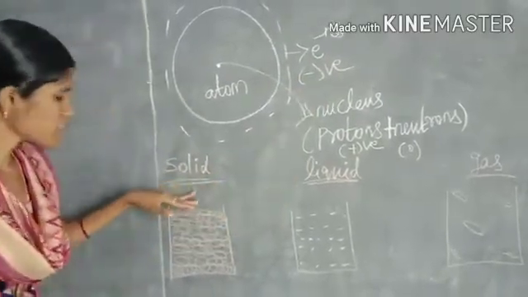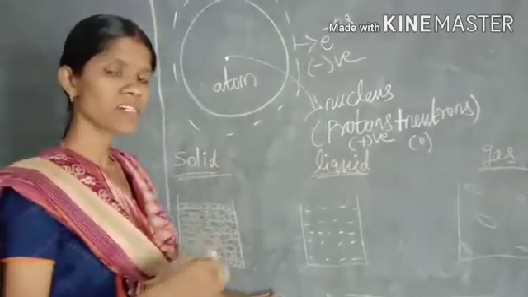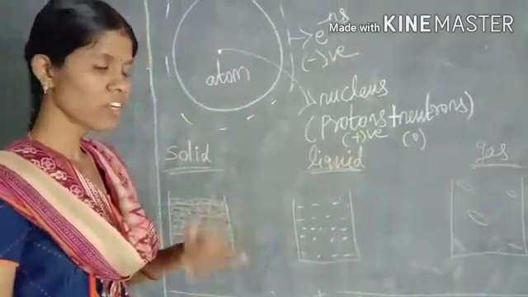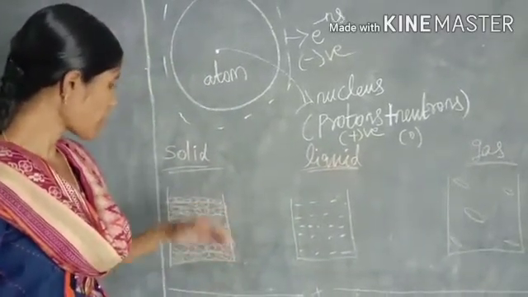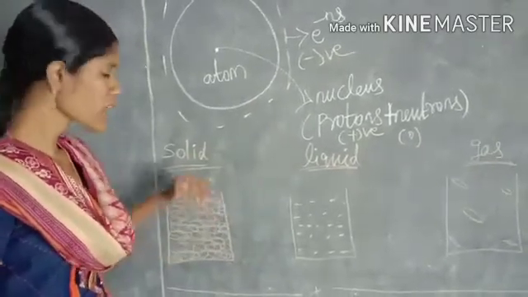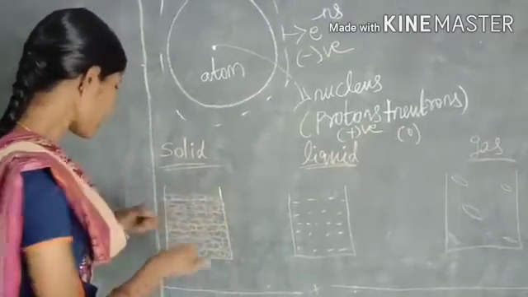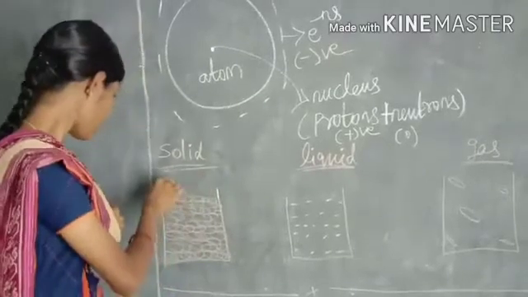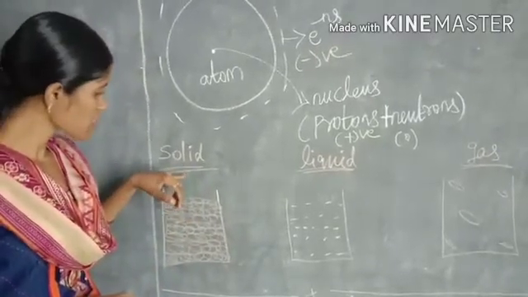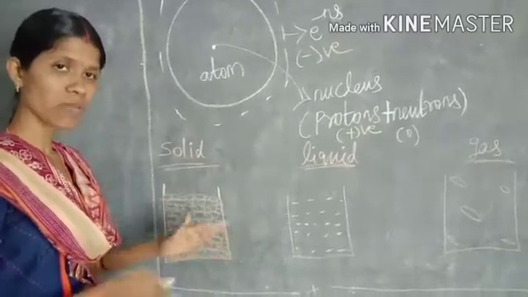Then, how are the particles present in the case of solid, liquid and gas? Next we are going to see the particles present in solid, liquid and gas. In the case of a solid, the particles are arranged in a regular manner, one by one.